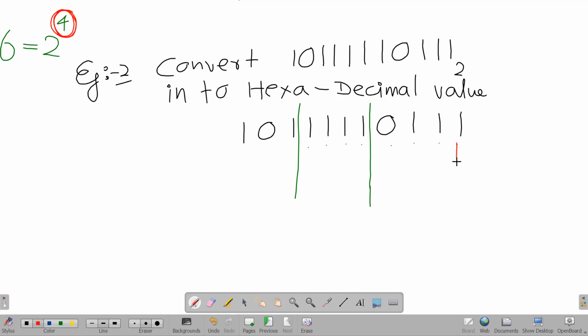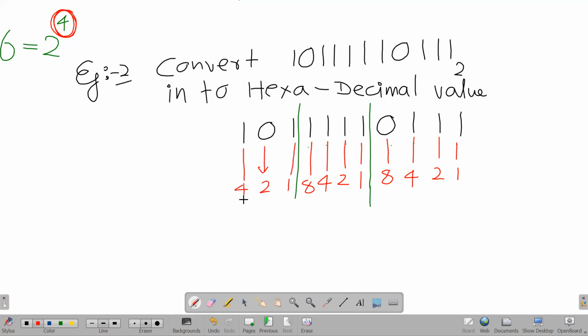This is going to be 1, this is going to be 2, this is going to be 4, this is going to be 8. Same goes with these places, it's 1, 2, 4, and 8. Here it's 1, 2, and 4.